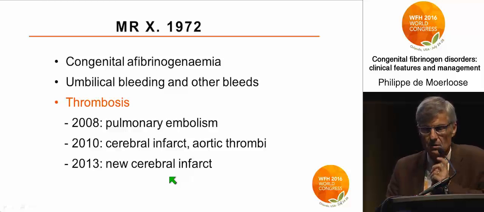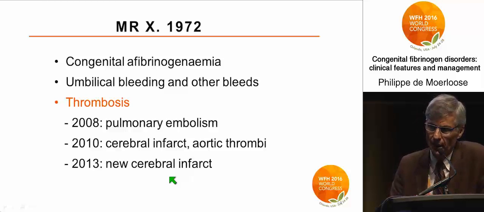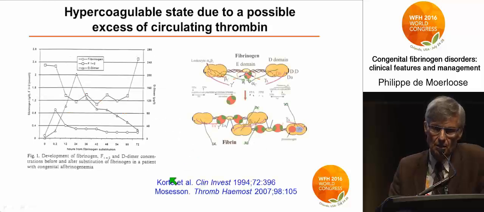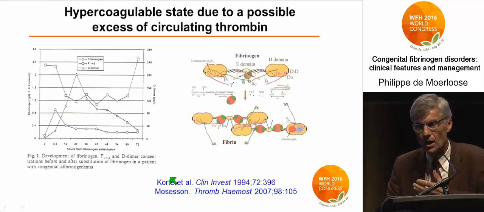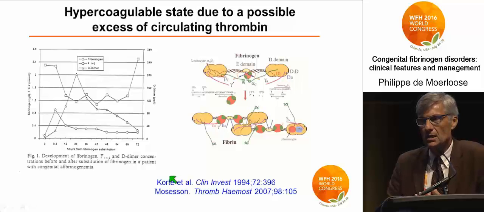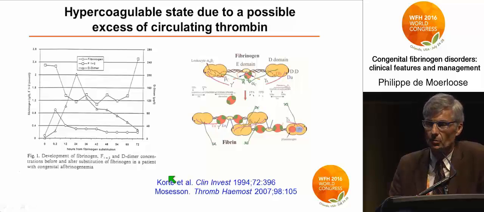There was a poster in this particular meeting from Claudia Kanat from Lebanon, which reported 9 cases like that. And it's just frightening, because you have to anticoagulate this person, who is also prone to bleed. It's really a difficult choice, and we would like to understand better why these people develop this type of thrombotic complication.